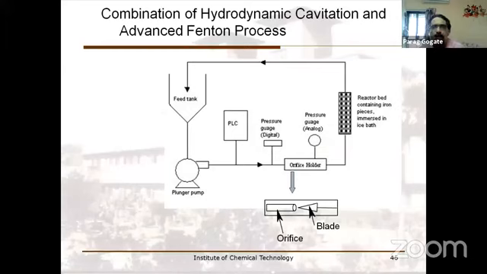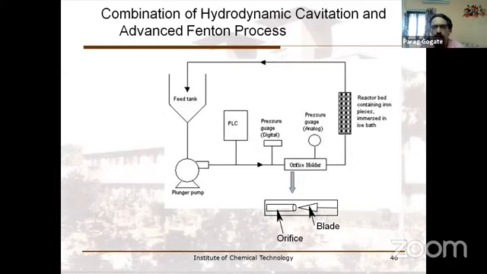I can also think about an advanced Fenton process, because the conventional Fenton is ferrous sulfate added with hydrogen peroxide, and there you also get a lot of sludge formation. One of the ways to minimize sludge formation is to limit the amount of FeSO4 you add, and hydrodynamic cavitation definitely helps in doing that.